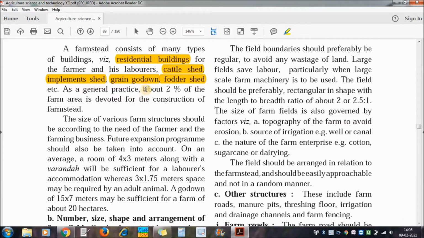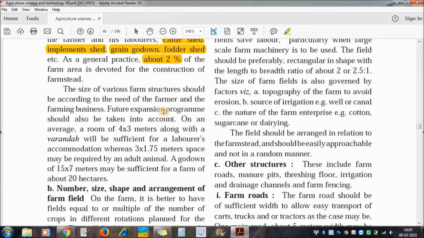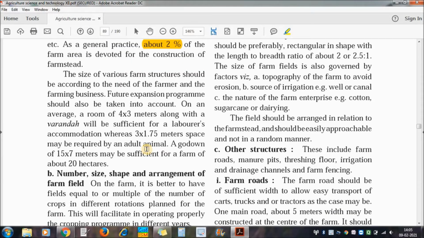So all these farmstead buildings should not occupy more than 2% of the total area. Otherwise, the entire area will go for the buildings, and we will have less area for agricultural production. Now the size of these structures depends upon the size of the farm and quality of soil.